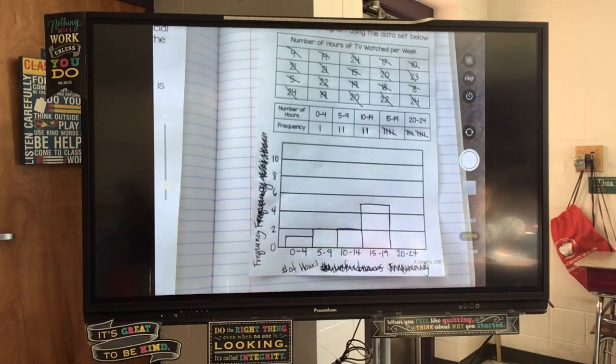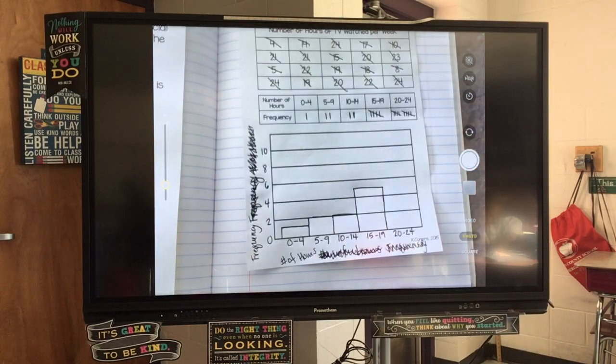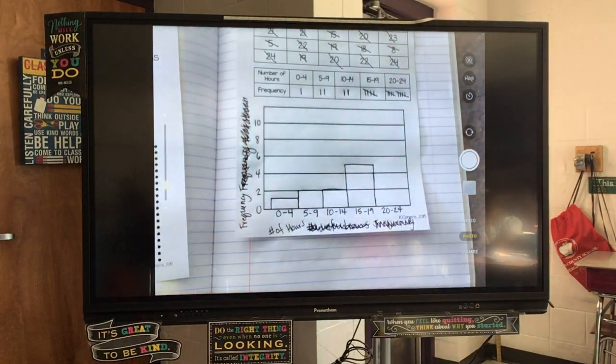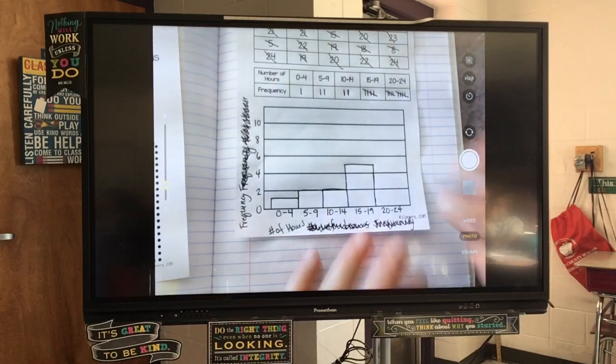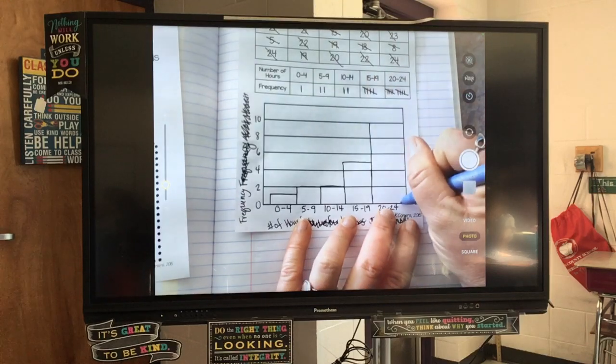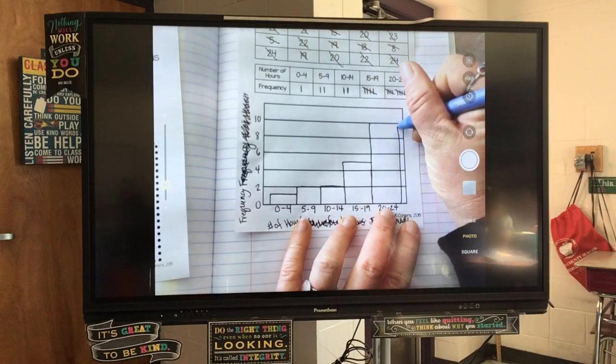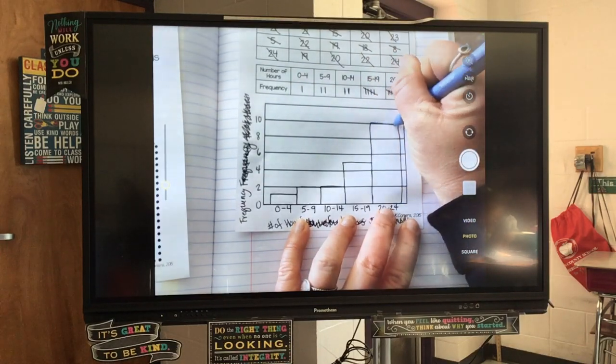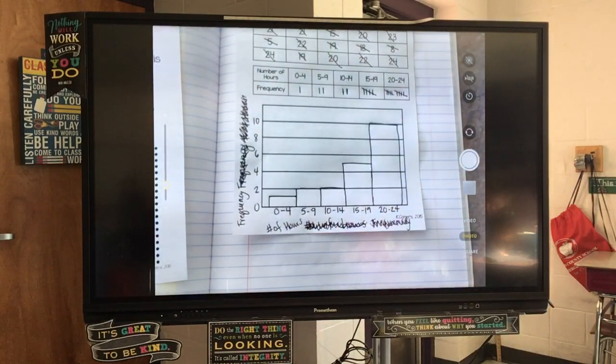And obviously, these are not going to be perfect because we are drawing them, but the key point is to make sure that you are touching each bar to the one previous to it. And then the last one, what's the frequency in the last one? Joe? 10. So we can go all the way up. And then just go ahead and color each one of these bars a different color, please.